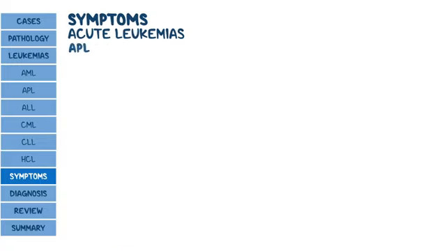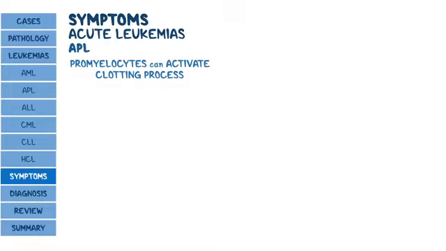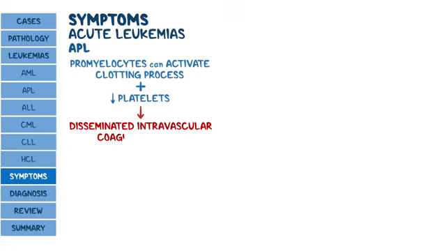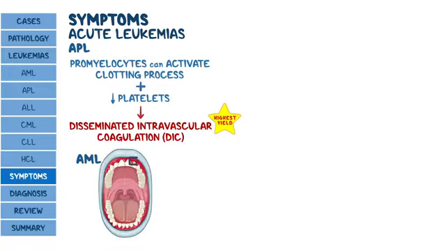In APL, promyelocytes can activate the clotting process, and this, combined with the already decreased platelets, can result in disseminated intravascular coagulation, or DIC. Another subtype of AML, called acute monocytic leukemia, can cause swelling and bleeding of the gums because of monocytic infiltration.